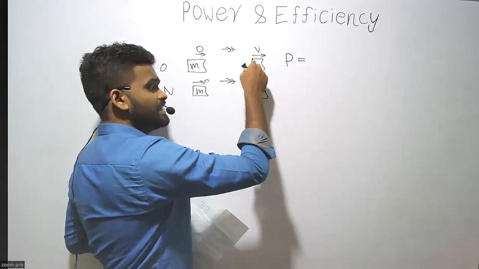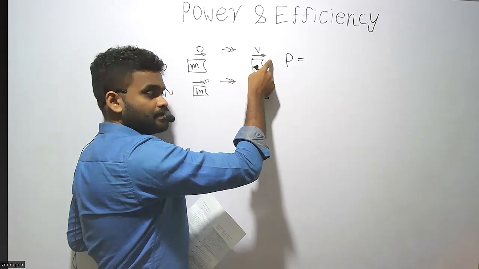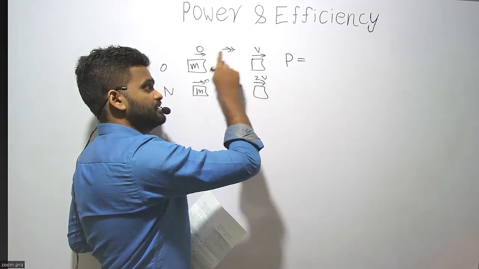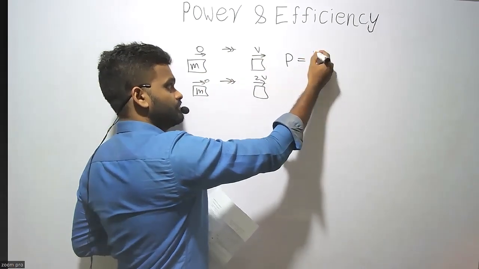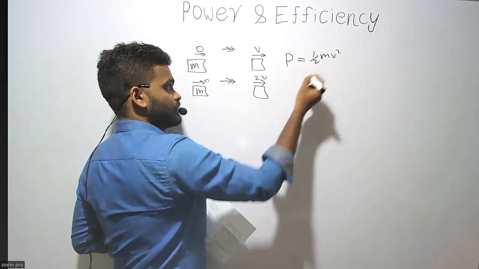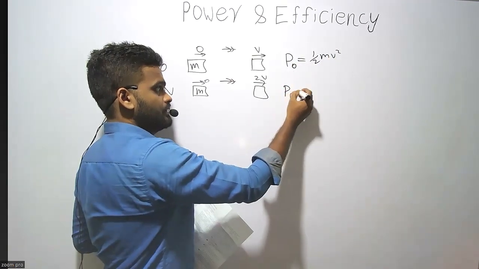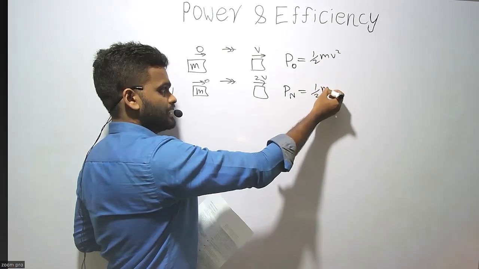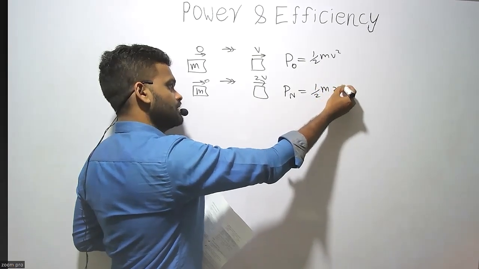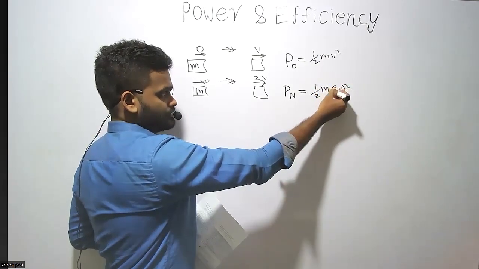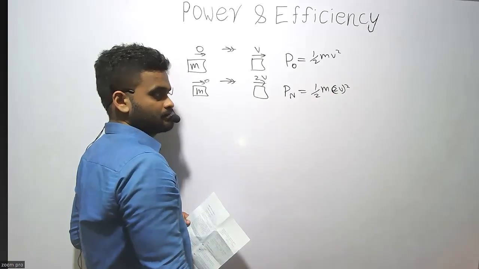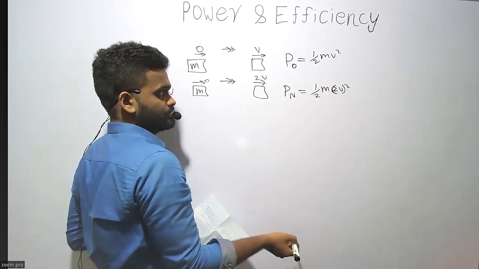So here the only energy gained is kinetic energy, right? So the initial kinetic energy is 0. This gains the kinetic energy half mv squared. So this is old car. Then the new car gains the kinetic energy, same mass, velocity is twice, so half m (2v) squared.